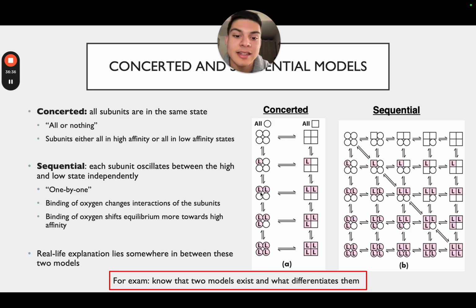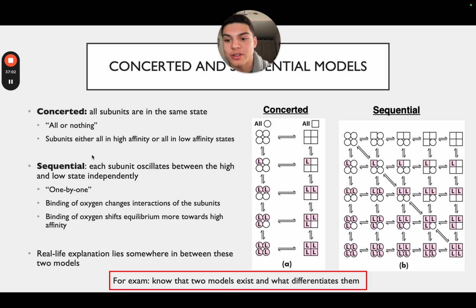Second ligand binds, no change in affinity. Third binding, no change in affinity. Fourth binding, and it's fully saturated, no, low affinity. But then all of a sudden it switches to high affinity. We don't know which one is true or false. We don't know. But these are just models to think about this high affinity in relation to ligand binding. And of course, we could have it just change to high affinity all of a sudden with no ligands binding. And then from there, the ligands begin to bind.